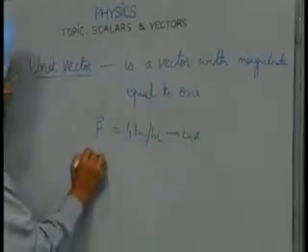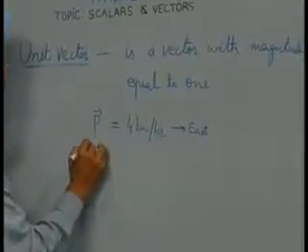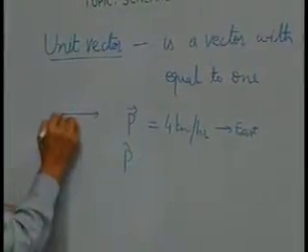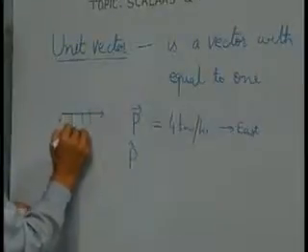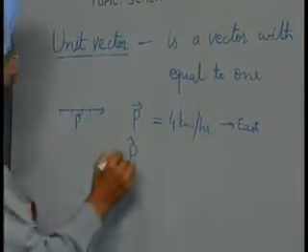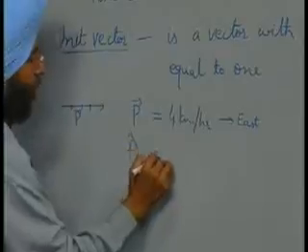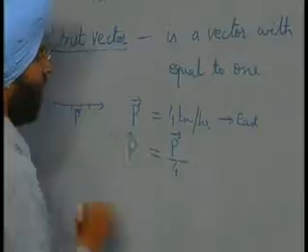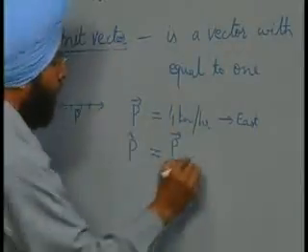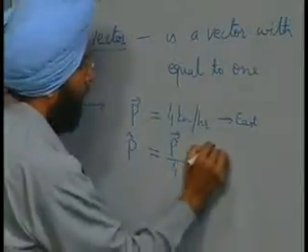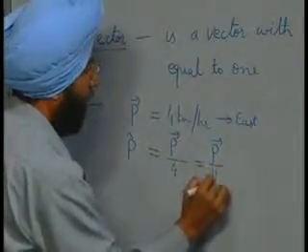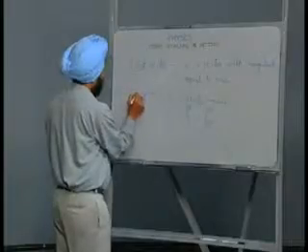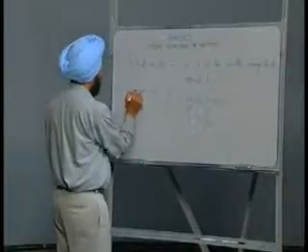Unit vector in the direction of P, we can represent this vector by this line. Unit vector in the direction of P is P vector divided by its magnitude, 4 here. So, this will be P vector divided by magnitude of P vector.